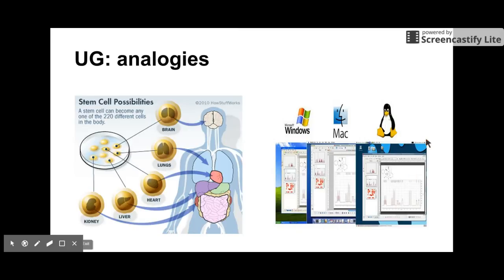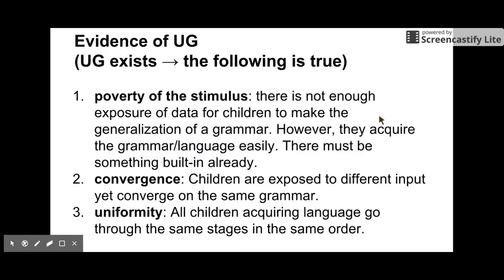Okay, and there is some evidence for UG. The evidence goes like this: if UG exists, then the following is true. We have three pieces of evidence. The first one is the poverty of the stimulus.